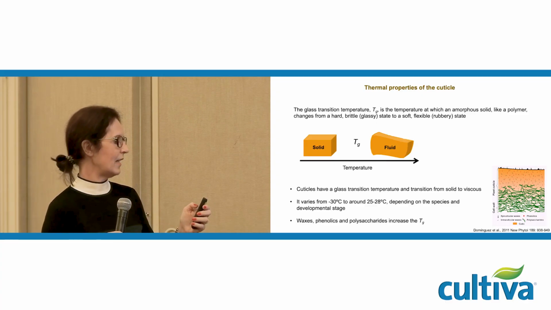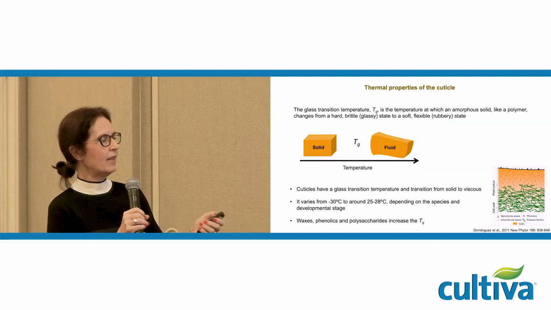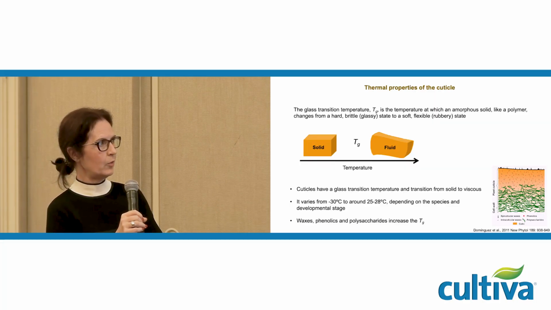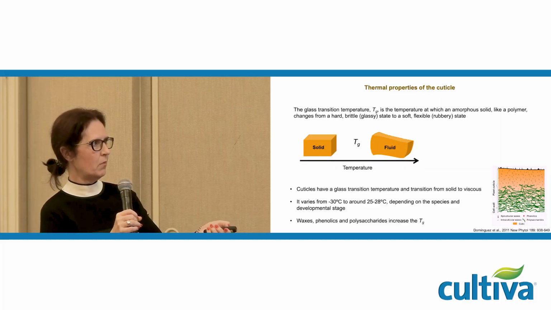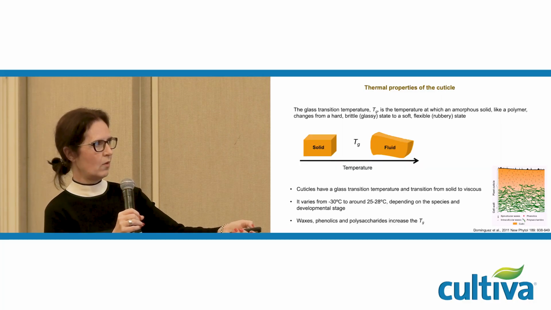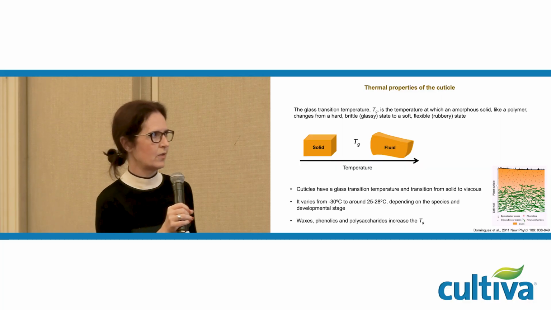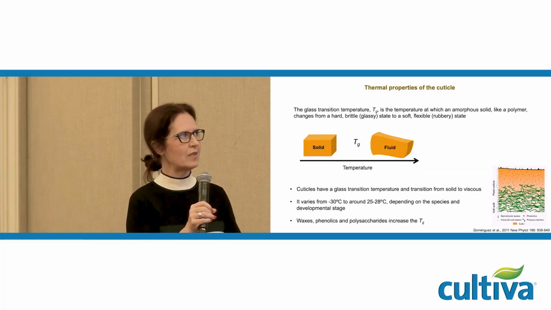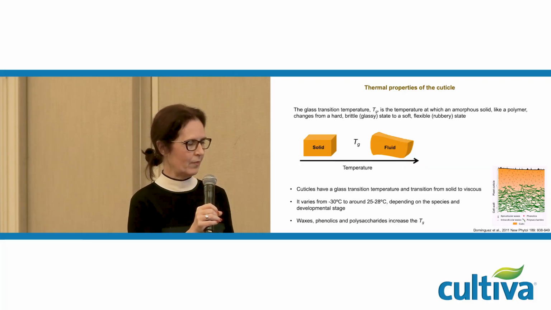And that occurs at a certain temperature. The cuticle has a glass transition temperature that changes between minus 30 degrees Celsius to almost 30 degrees Celsius. That is, depending on the species, it can vary a lot.